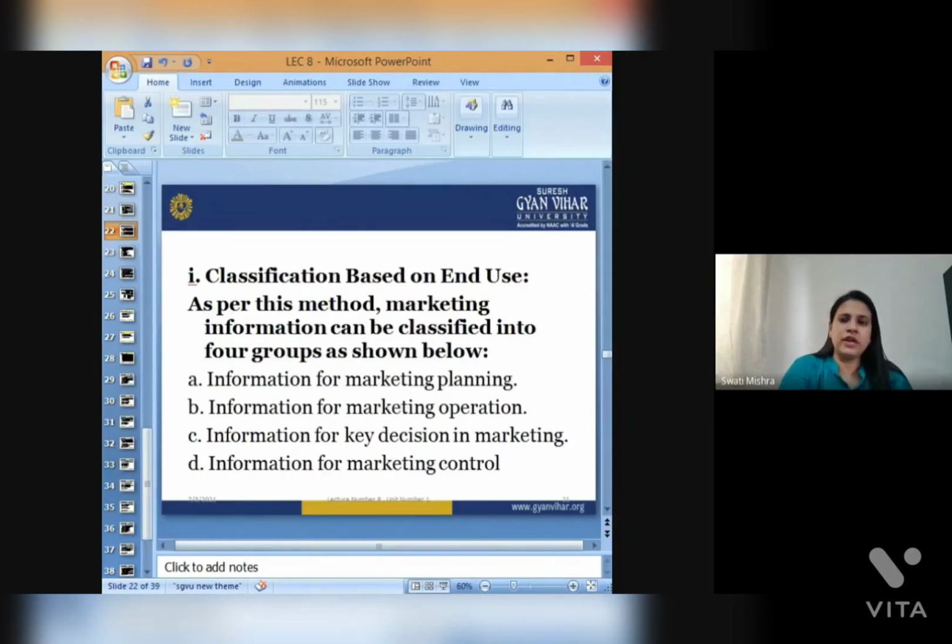When we do the classification based on the end use, they can be classified into four main groups, namely information for marketing planning, information for marketing operations, information for key decision in marketing, and information for marketing control.